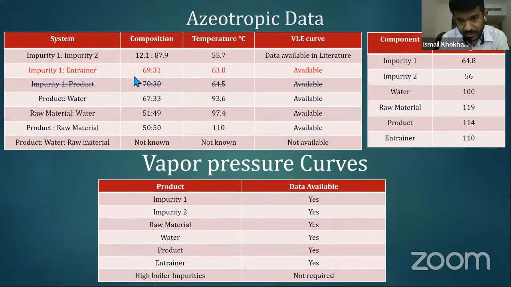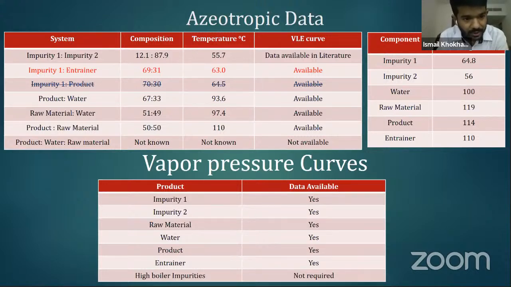So now again the data look like this: the first azeotrope was quite easy. The second one was the one which I marked in red. The entrainer and the impurity 1 were forming an azeotrope at a ratio of 69 to 31 at 63 degrees, and the literature was available. Since we had the equipment, we generated the VLE curve.